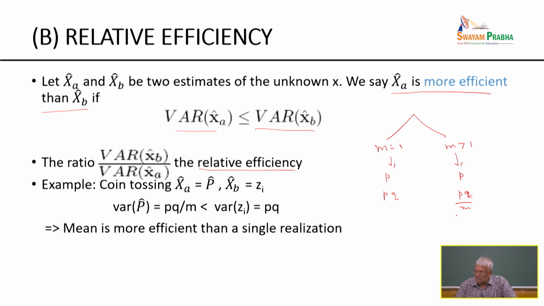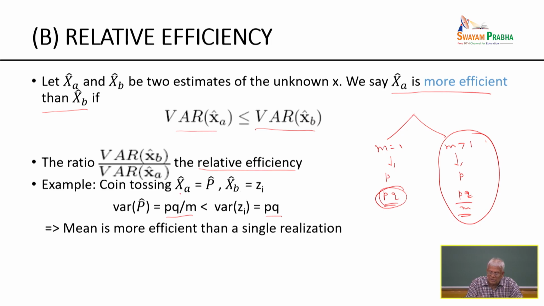So PQ by m for m greater than 1 is always less than PQ. Therefore, if I have more samples in the coin tossing experiment, the estimate arising out of m tosses, where m is large, is more efficient than estimating the probability that a coin falls head with just one experiment. So PQ by m is less than PQ for any m greater than 1.